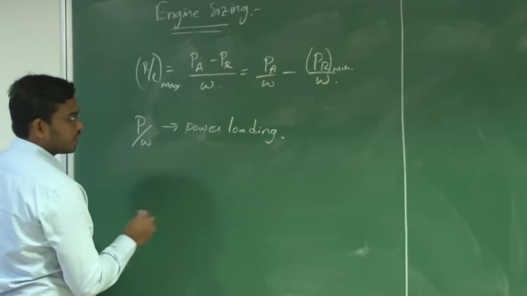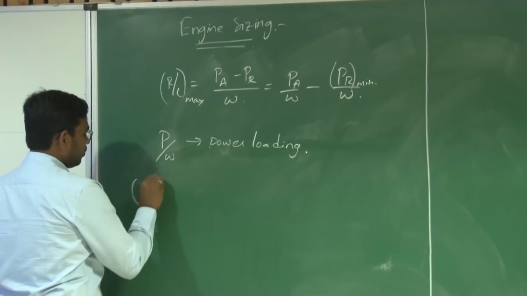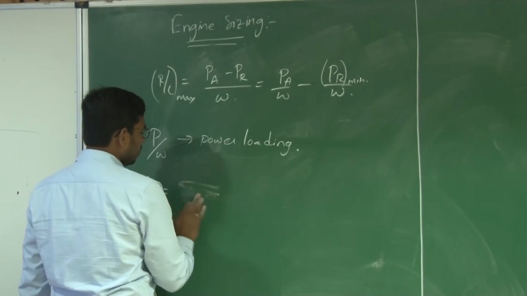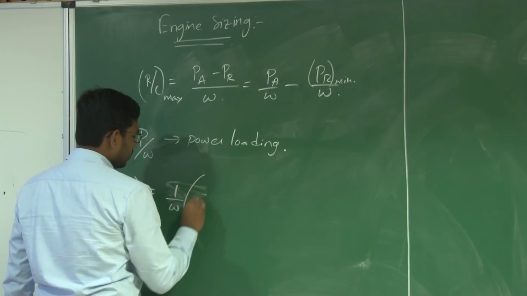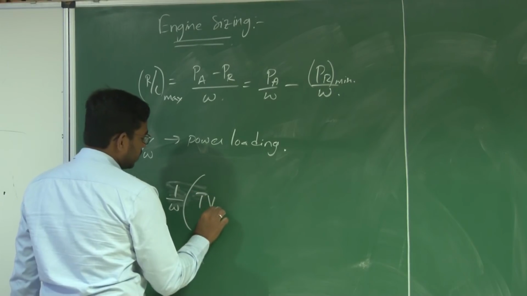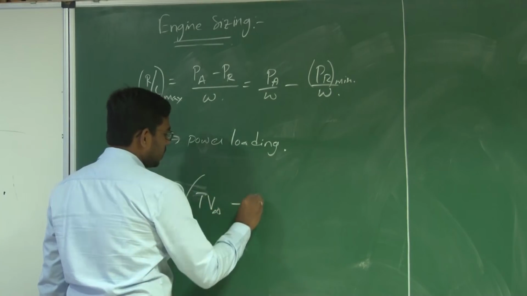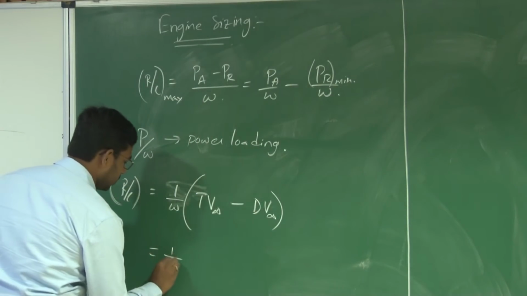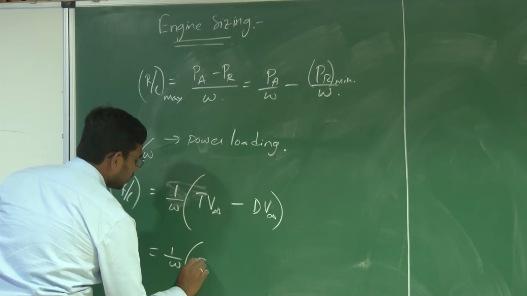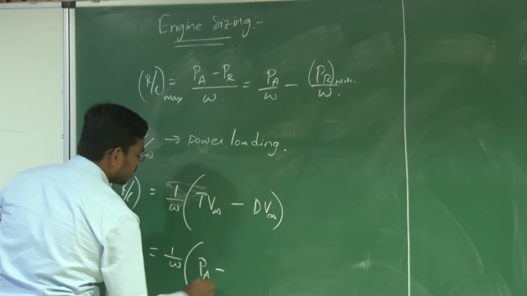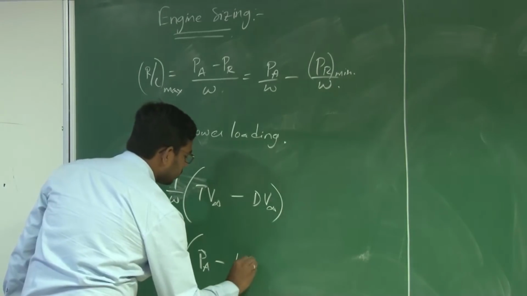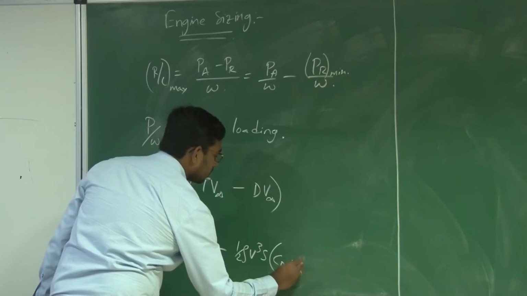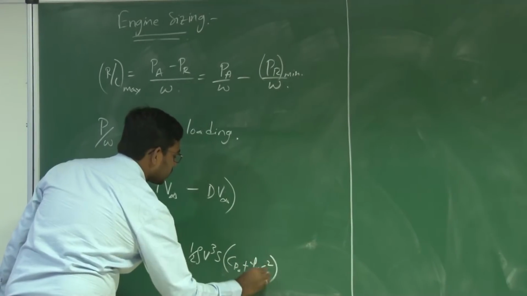So what is rate of climb there? Rate of climb is equal to 1 by W times T into V infinity minus D into V infinity. This equals 1 by W times T into V infinity, the power available, minus half rho V cube S into CD naught plus K CL square.